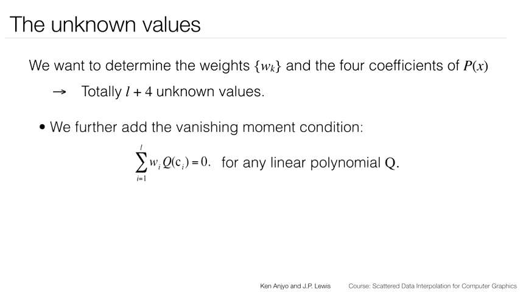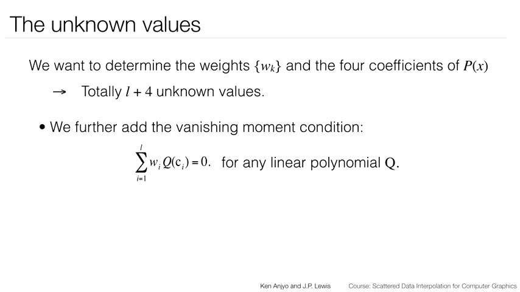So we further consider the vanishing moment condition, which means for any linear polynomial, this W and c should satisfy that equation. Do you want to know why we need this vanishing condition? I will explain later.